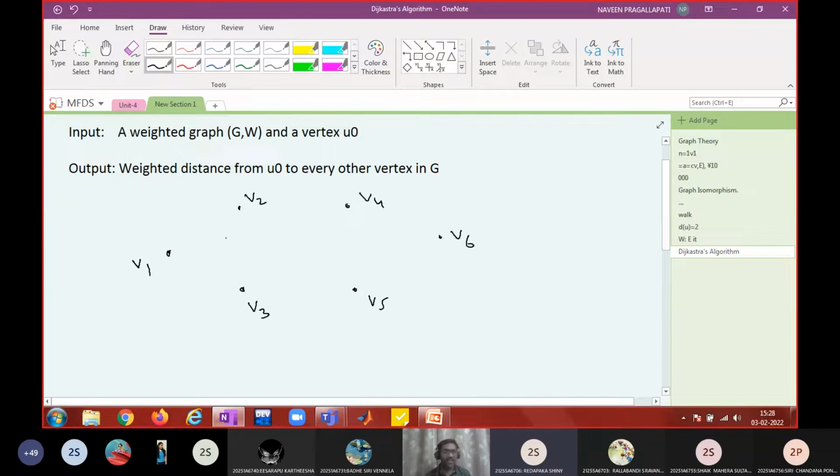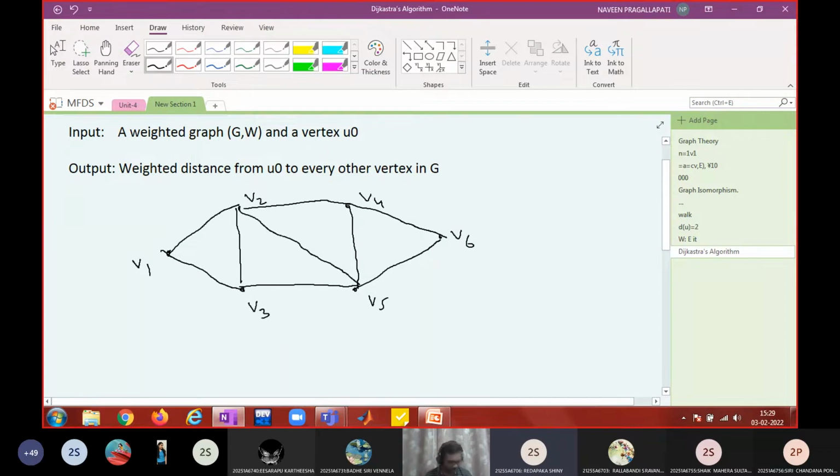How is this network connected? V1 to V2, V2 to V3, V4, V4 to V6, V1 to V3, V3 to V5, V5 to V6, V2 to V3, and V4 to V5, and V2 to V5.